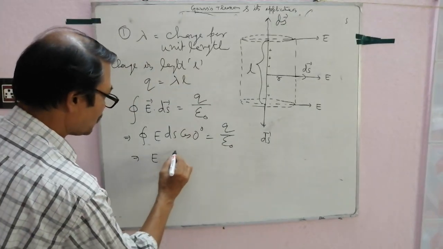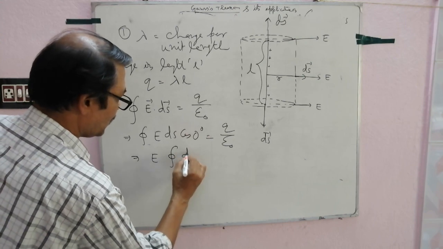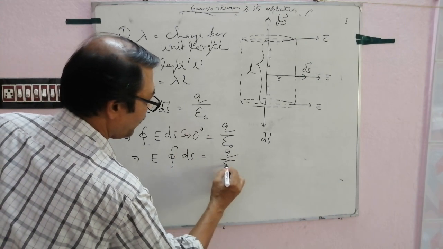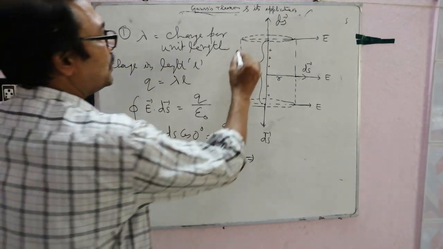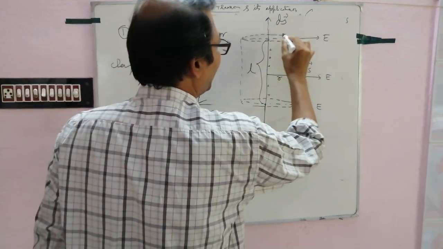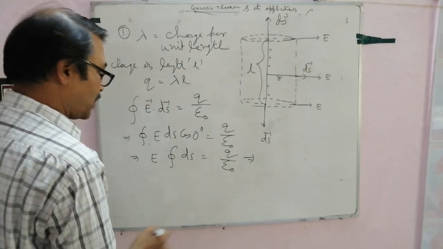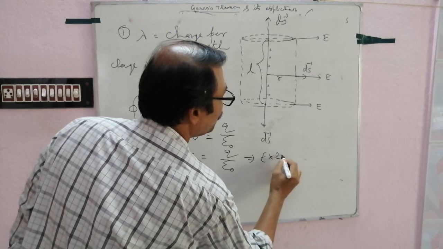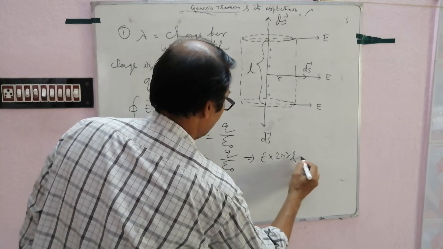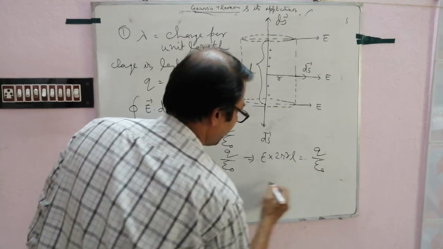Now integral of ds equals Q by epsilon naught. Follow. What is the ds? This total ds of the curved surface is 2 pi rl. So E into 2 pi rl equals Q by epsilon naught.